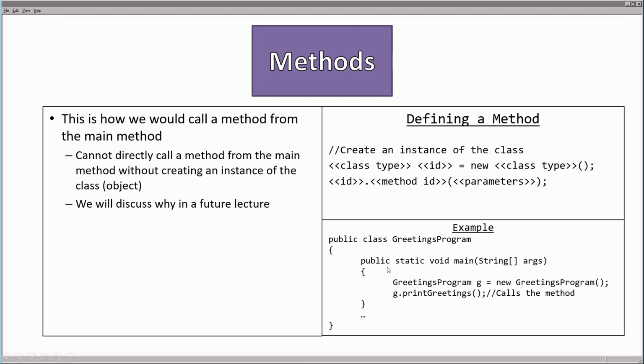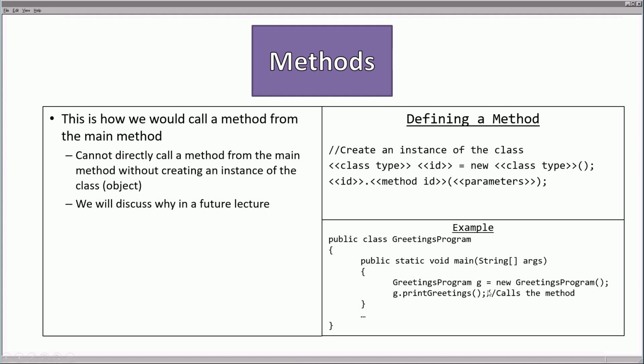Now, as you can see here, here's our main method. In order to use any of those methods, what we have to do is create an instance of this greetings program. Notice this. Here's the type, greetings program, which matches the class. This has to match. Now, as mentioned before, if we're going to use that method, we have to create an instance called an object of that class.